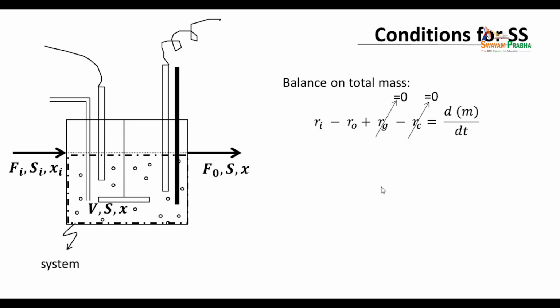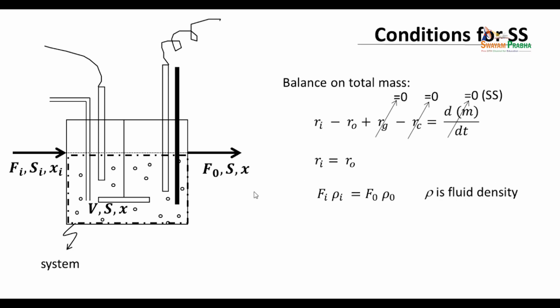Total mass is always conserved. Therefore, only input and output. And we said that we are interested only in the steady state condition. If we are interested only in the steady state condition, any time derivative can be blindly set to 0, right? So this term goes to 0 by the definition of a steady state. Therefore, rate of input must equal the rate of output. This is total mass.